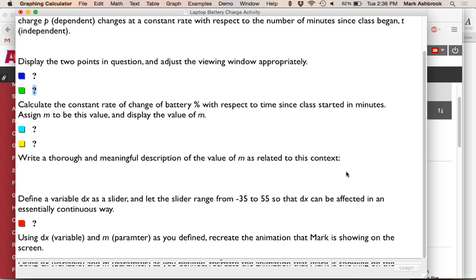We write the word slider. No, we want D equals slider, slider parentheses. The taps one?